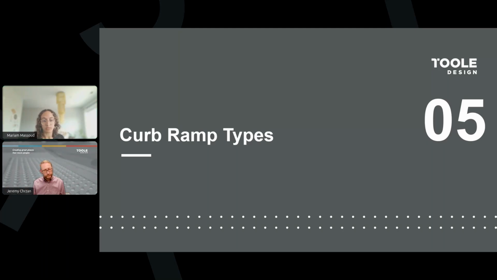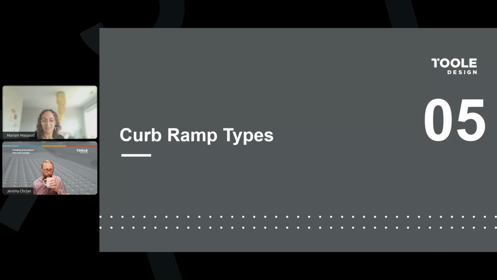Okay, thank you. Next question from Brianna. Just confirming for parallel ramps, landings are not required at the top of the ramp if no turning is required? Yes. Awesome. All right. We have more questions. Next question from Jeremy.